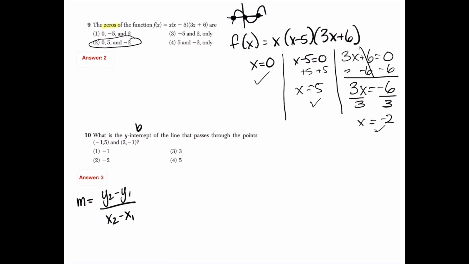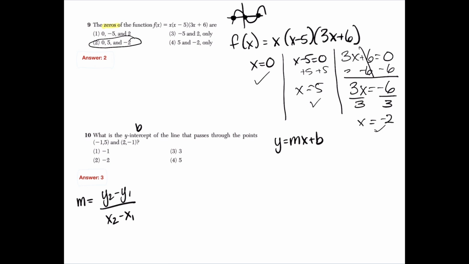Once we know that, we're going to plug it into the formula y equals mx plus b. We're going to take any of the points and plug it in, and once we have our m and one of the points to give us the y and the x, we can solve for b. So that is going to be our goal, okay?